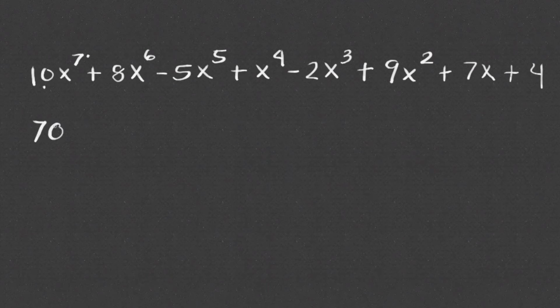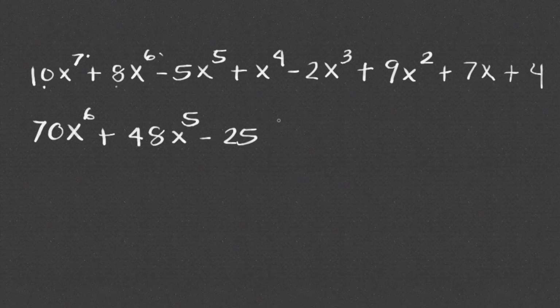So 10 times 7 is 70 times x raised to 7 minus 1, which is 6, plus 8 times 6, which is 48, times x raised to 6 minus 1, which is 5, minus 5 times 5, which is 25, times x raised to 5 minus 1 is 4, plus, so take note, x is also equal to 1x.